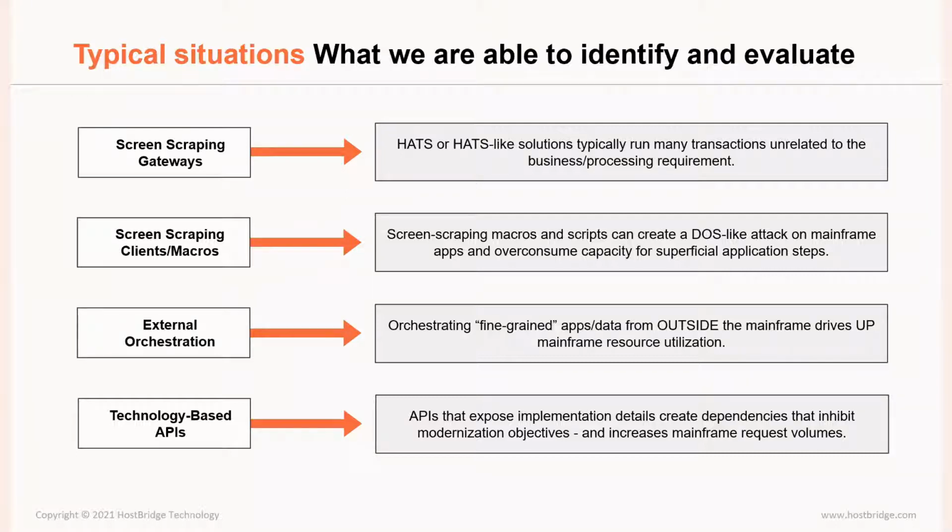External orchestration: our view is that orchestrating fine-grained apps and data, and by fine-grained, what I mean are fine-grained steps in a transactional process or accesses to data that take microseconds or at most milliseconds, if we're orchestrating that across a network using an endpoint on sometimes the other side of the country or the other side of the world, you end up with this tremendous accumulation of latency.